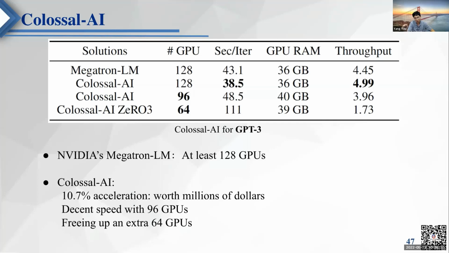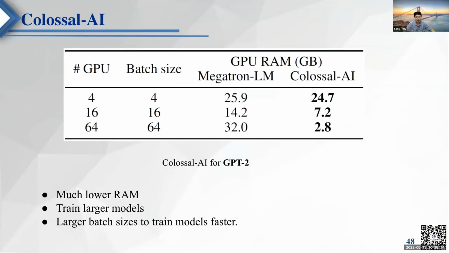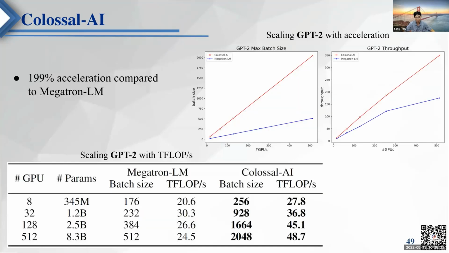For Colossal-AI, you only need 64 GPUs. And also, Colossal-AI can give you much lower memory cost, even for a model not so large, like GPT-2, and also give you a very good speed.